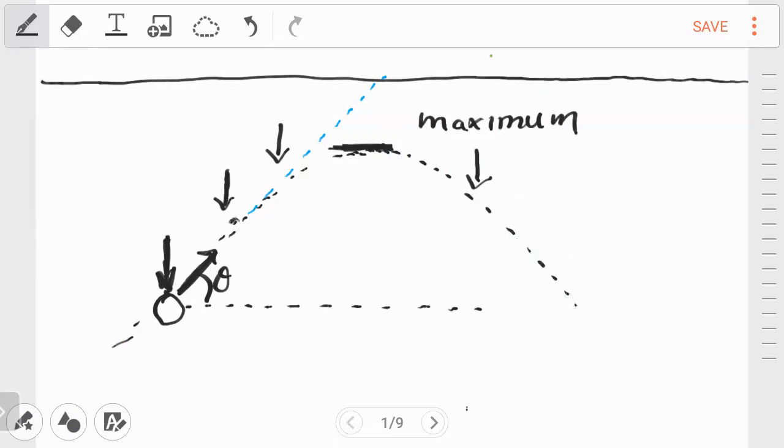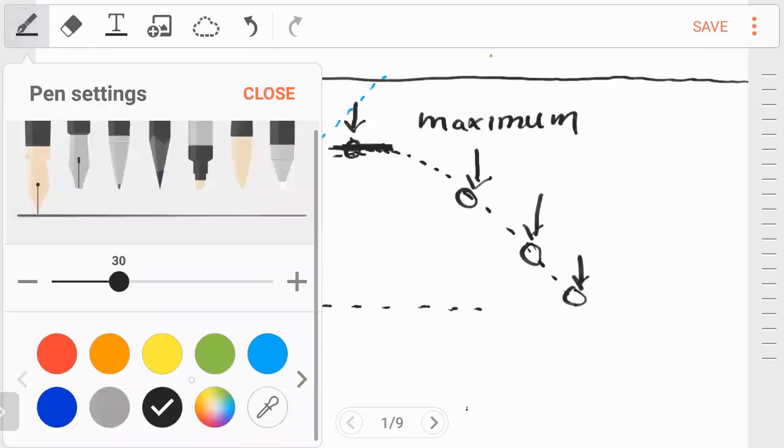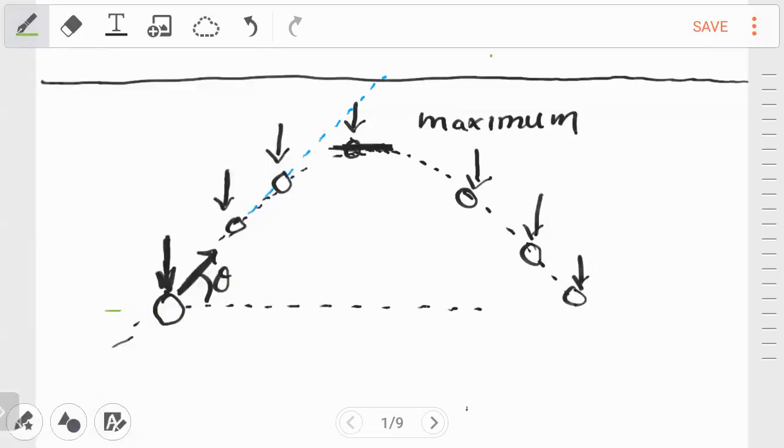So you can say this is the object going up, the object when the velocity is zero at the maximum point, and now the object is coming down until it finally strikes the ground. So here we're saying that this is an object that starts off on the ground, goes up until it reaches back to the ground.